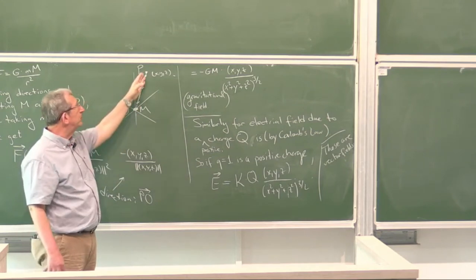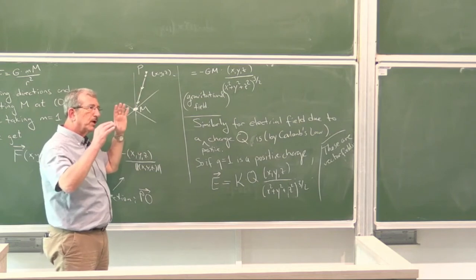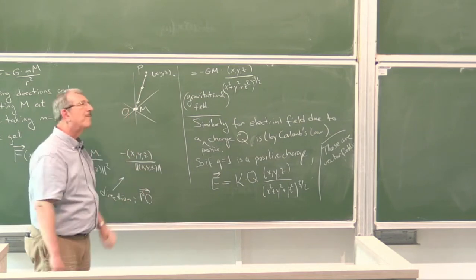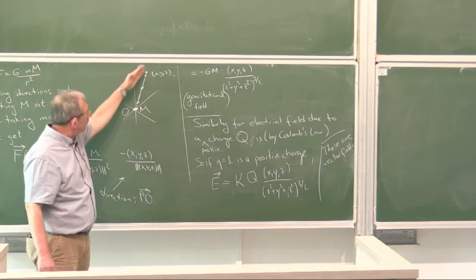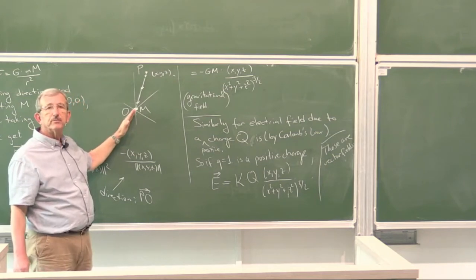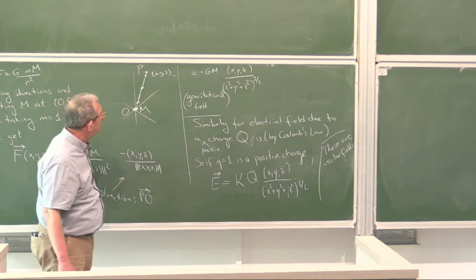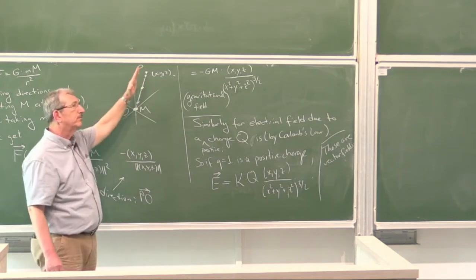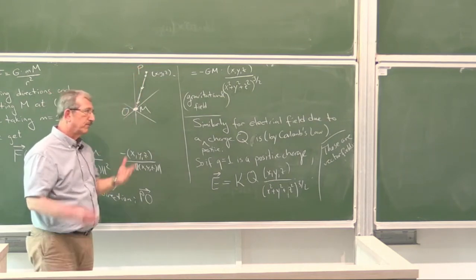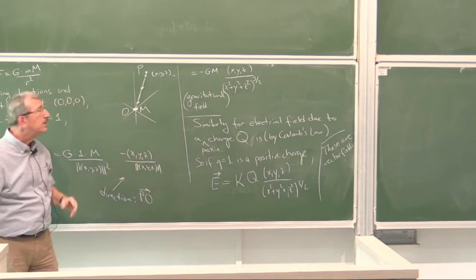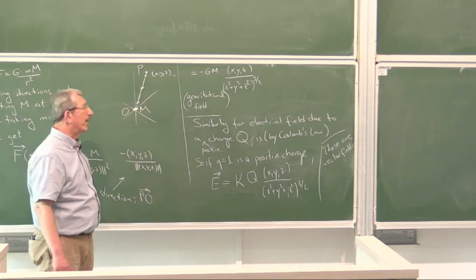Because we assume it's stationary, we put unit 1 mass there, and it will fall towards the origin. Or in the electric field case, it will go directly away from the origin, in the direction of the spherical row, if you want. It will try to go away.